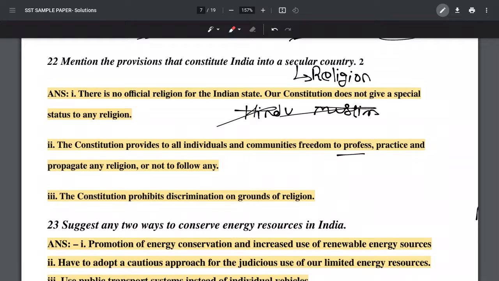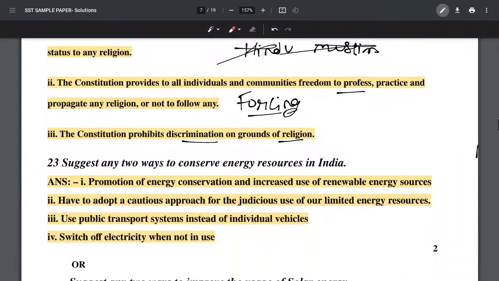In India, no one forces you. There is no forcing that you have to follow this religion. If you follow any religion, it's fine. If you do not want to follow any religion, that's also fine. And the Constitution prohibits discrimination on the ground of religion. Discriminating against people of a minority religion is a bad thing, and it's prohibited by the Constitution.